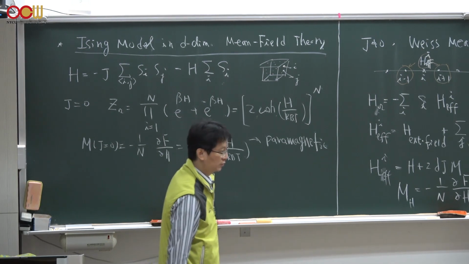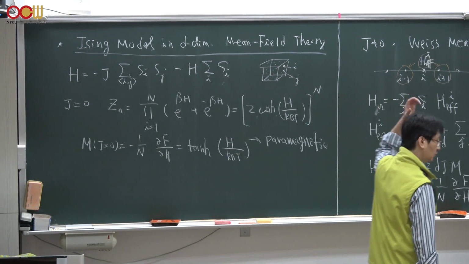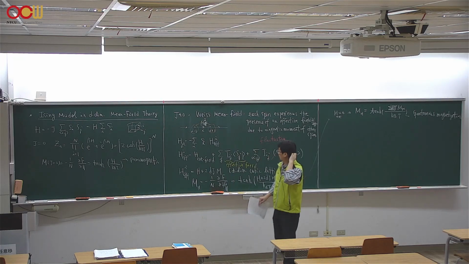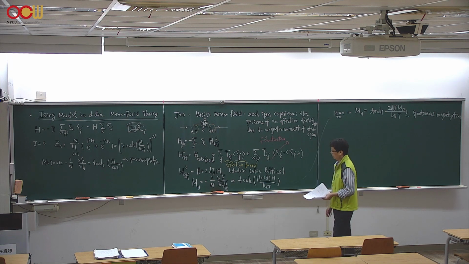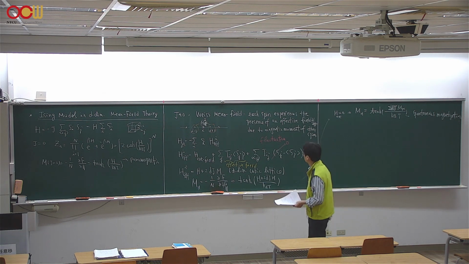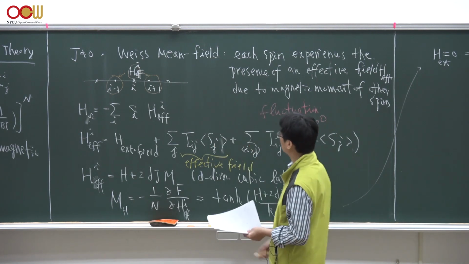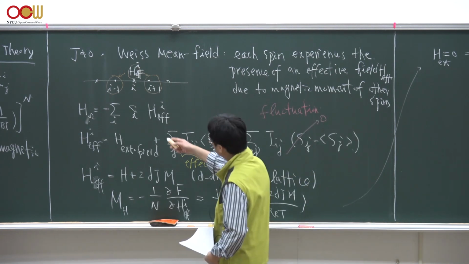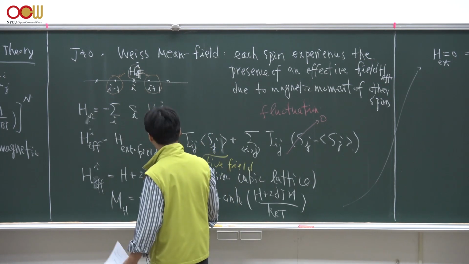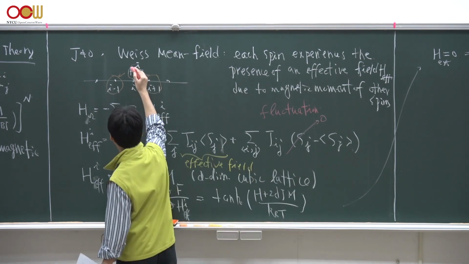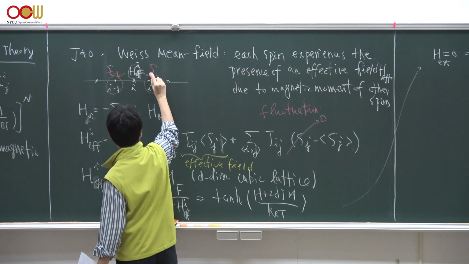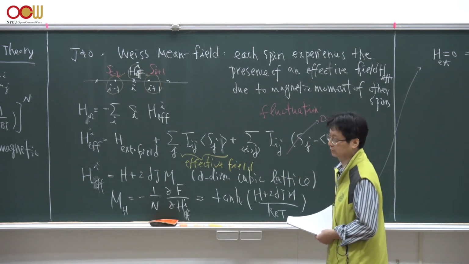But once we introduce the Ising coupling J, which is finite, we are able to calculate this magnetization based on the approximation called the Weiss mean field. In essence, each spin on every site experiences the so-called effective field coming from the neighboring sites.